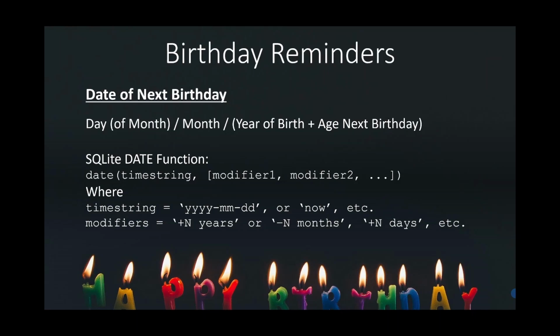So the time string has either got to be the date in the format YYYY-MM-DD or now, and the modifiers can be things like plus n years, or minus n months, plus n days, etc.